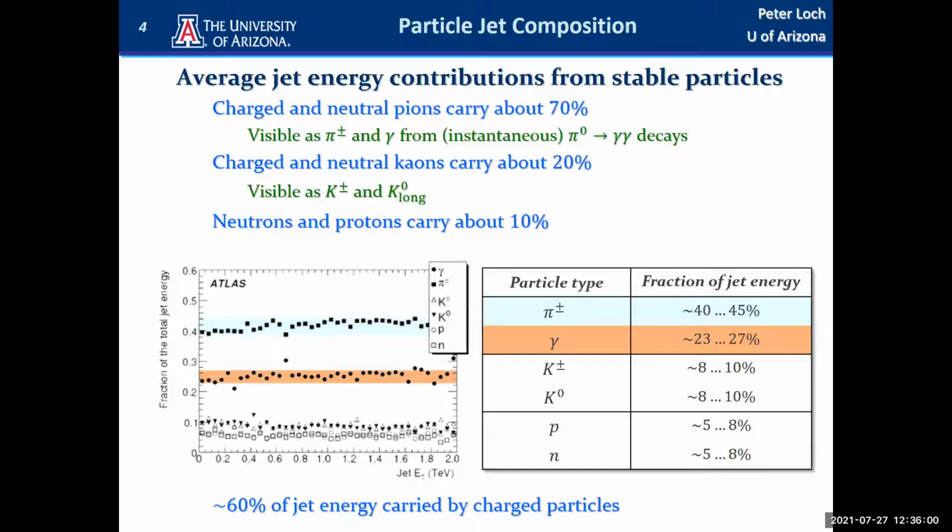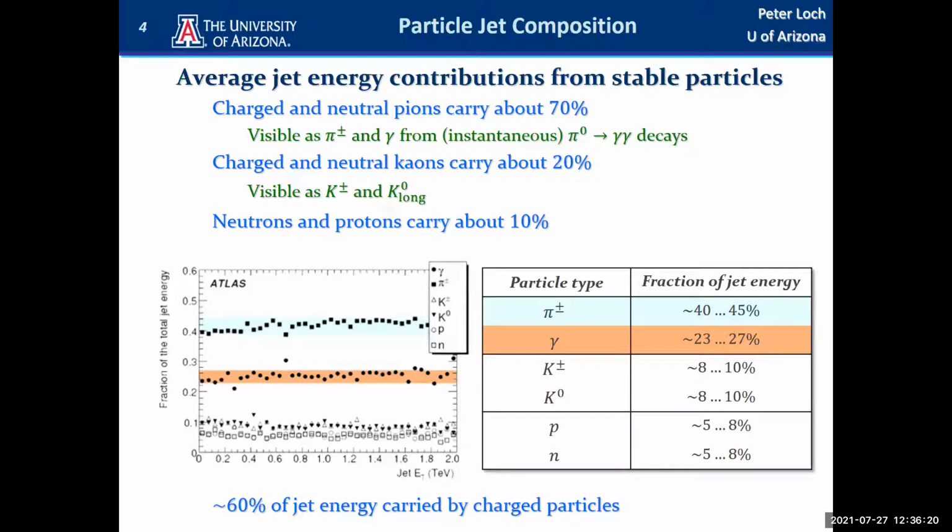In general, charged and neutral pions carry about 70% of the jet energy, where the neutrals, of course, show up as photons, so they are registered in this plot as photons. Charged and neutral kaons are the next big contributor with about 20%, and neutrons and protons carry about 10%.